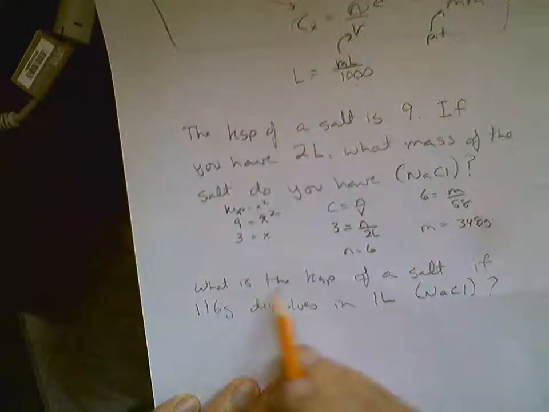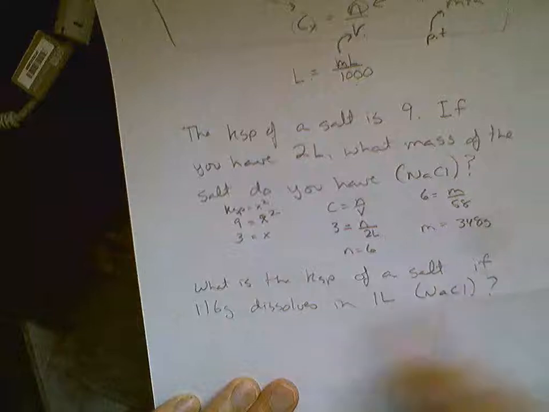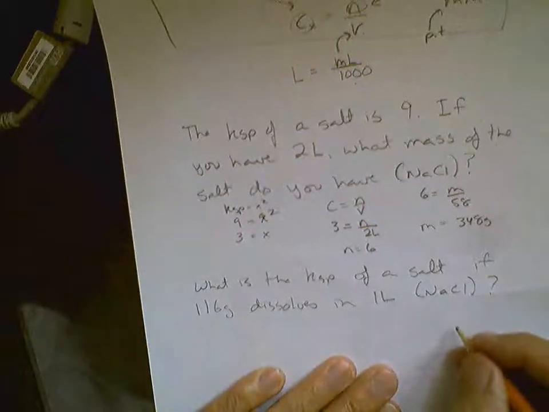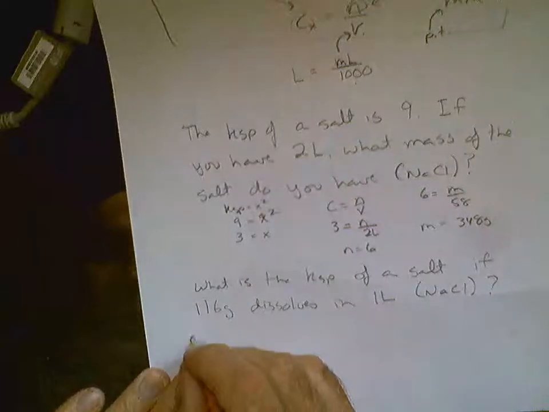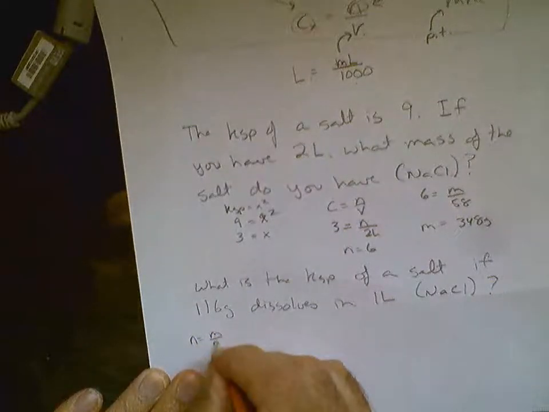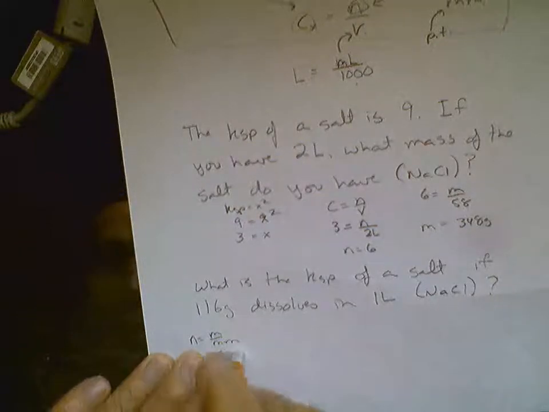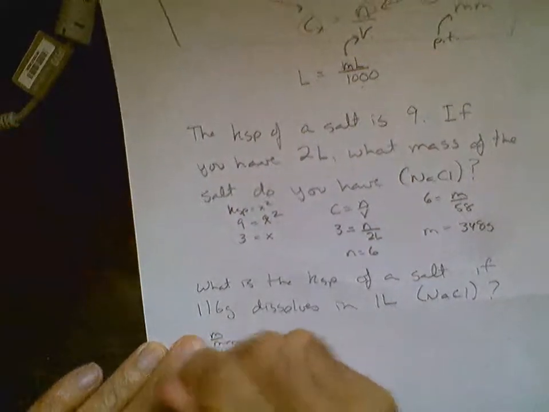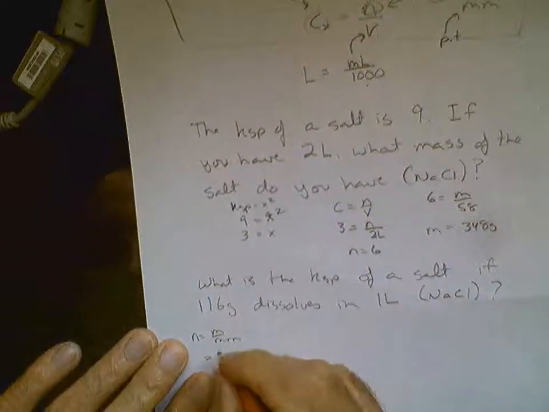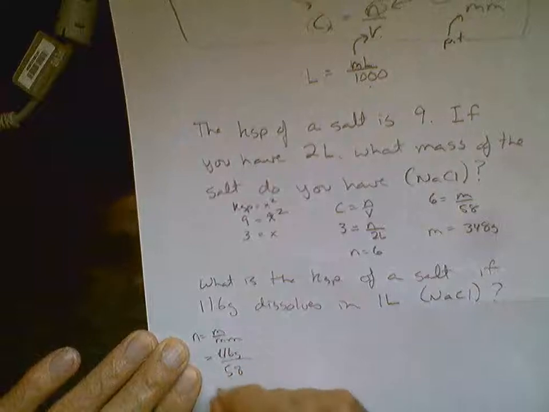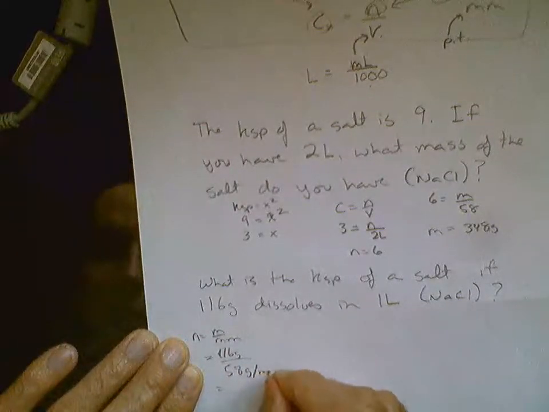Now what we're going to do is we're going to work the opposite way. What is the KSP of a salt if 116 grams dissolves in 1 liter? So now they give me a mass. The mass is 116. And the molar mass is 58, so that's in grams per mole.